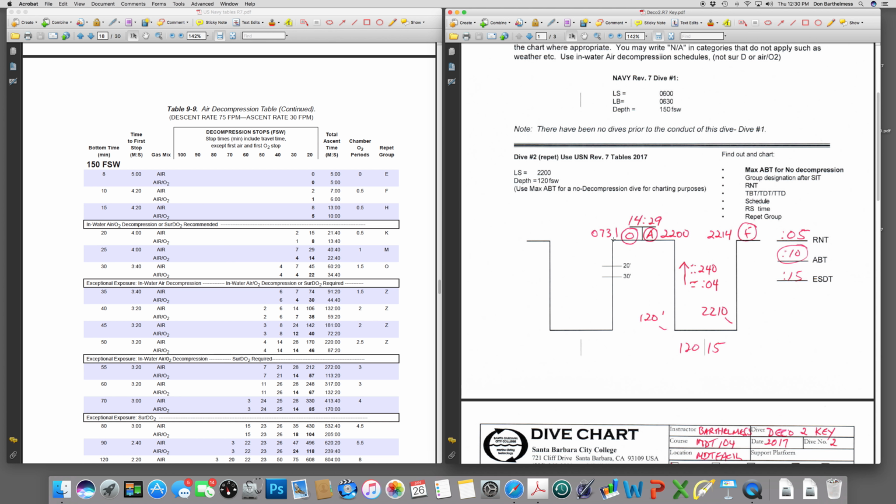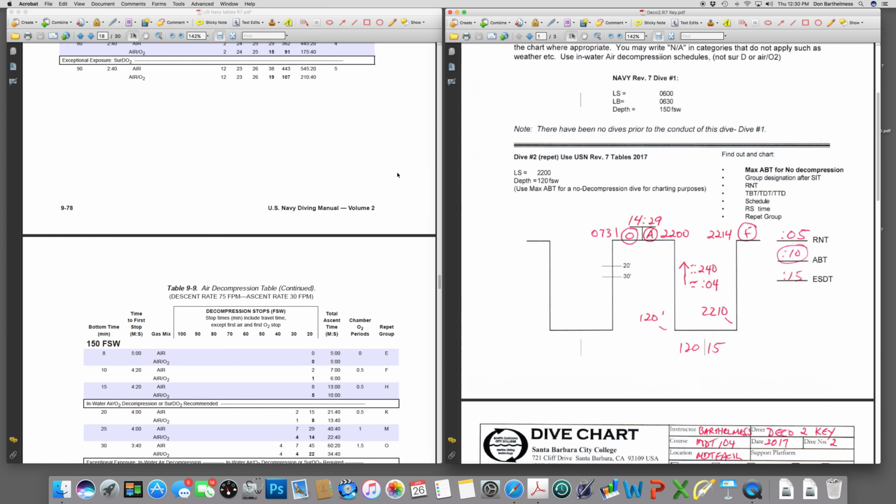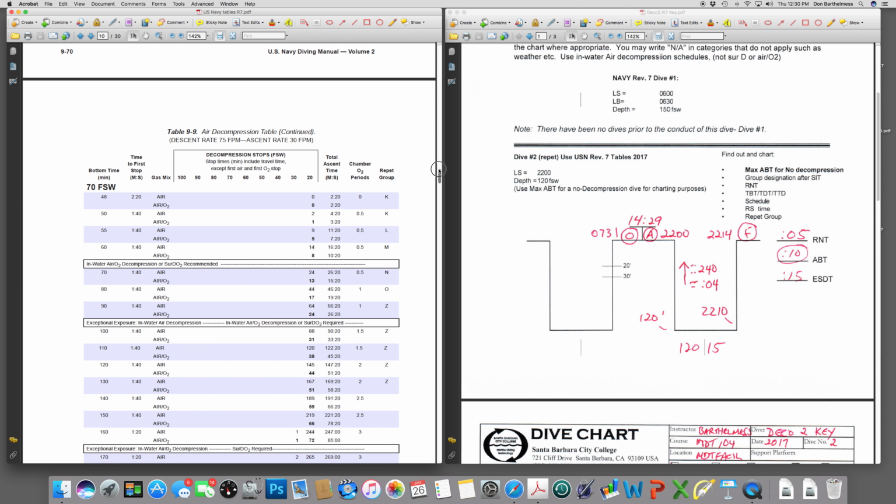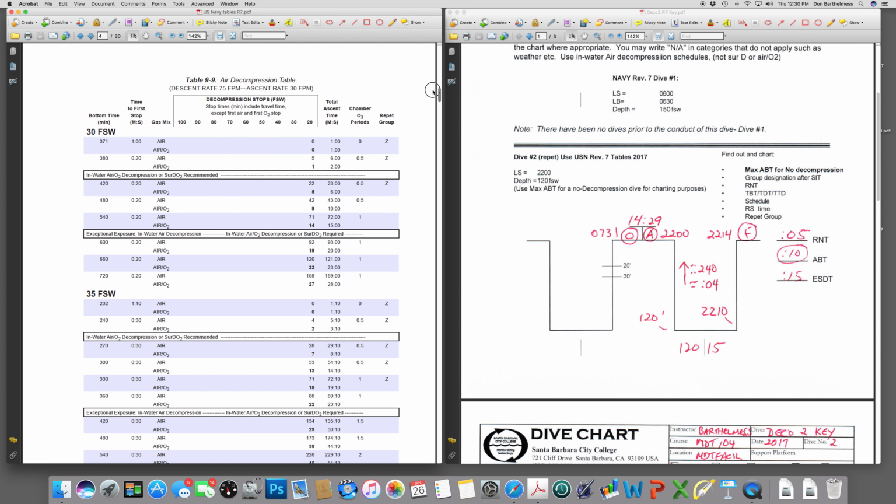Subtracting time, you want to make sure you recognize that there are 60 minutes in an hour, and the difference between the two would be 14 hours and 29 minutes. So I have to pick a new repetitive group during this time on the surface, this 14 hours. The residual nitrogen in the diver's body is decreasing.